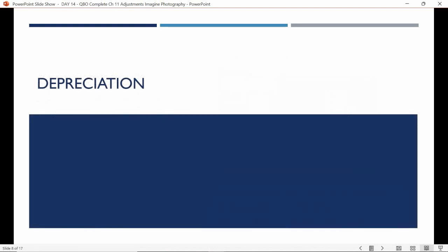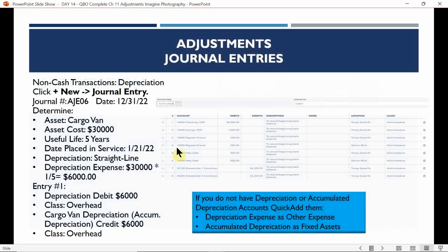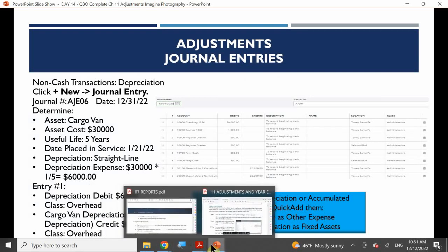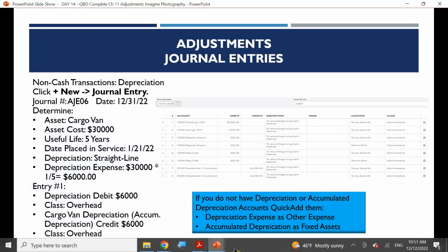Okay? Let's see if we can get through depreciation. So, as I've mentioned earlier, right, when you make purchases of fixed assets, right? So in this case, I purchased that truck. If you guys remember from chapter 4, right?